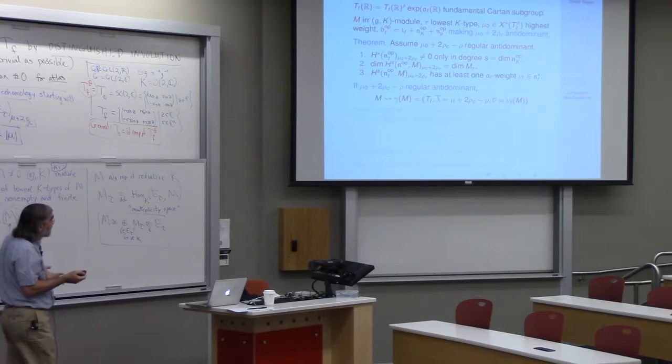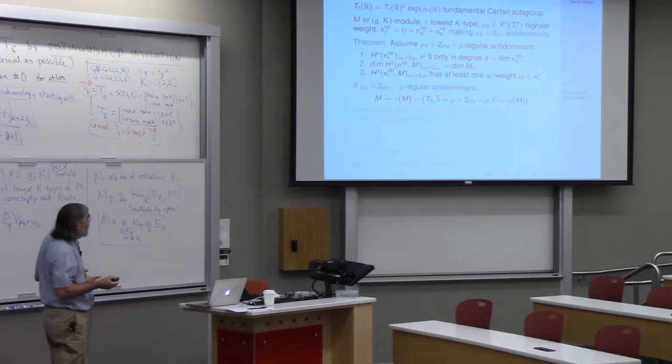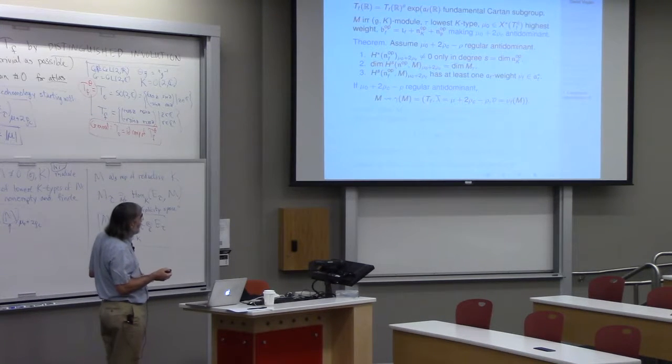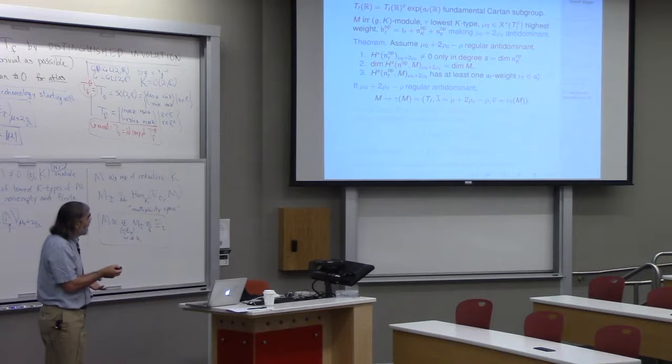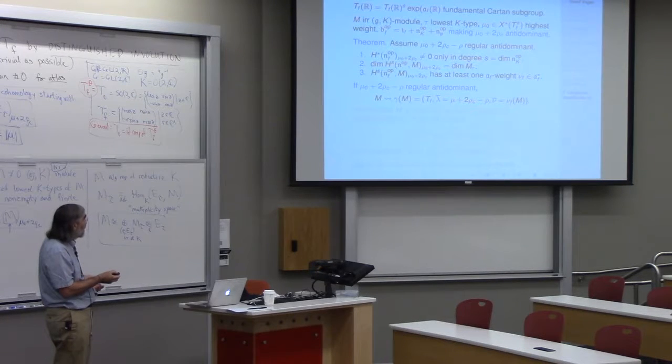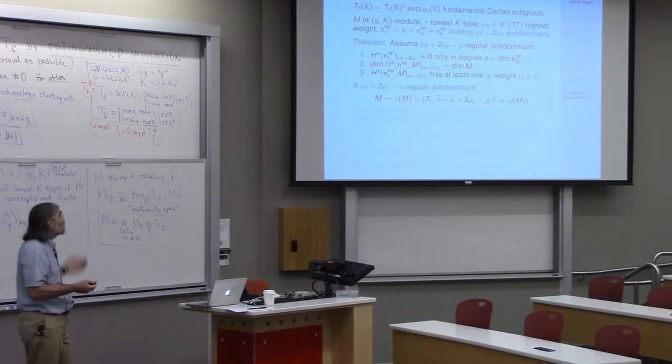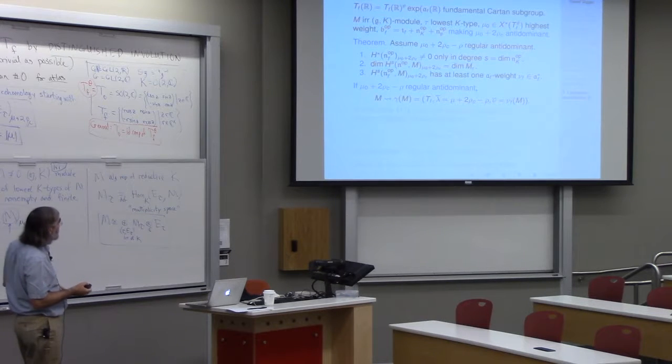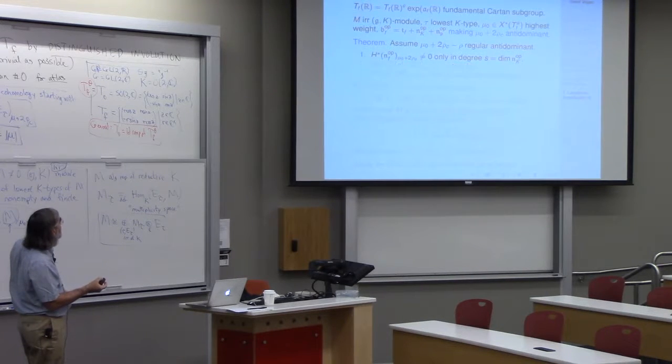And now I can define the Langlands parameter that I want to attach to M. I want to use this fundamental Cartan. For the lambda, I want to use this mu plus 2 rho C minus rho. Well, remember, lambda bar is supposed to be in some quotient of the characters. I'll flip back to the previous slide.